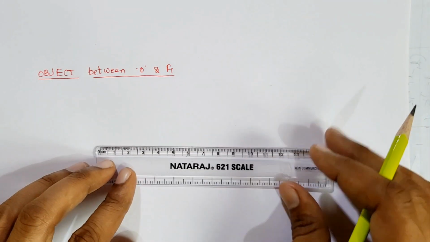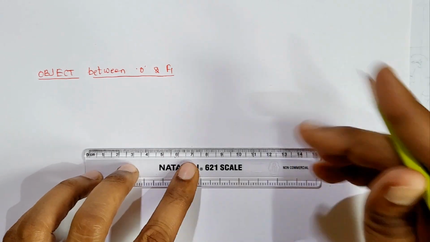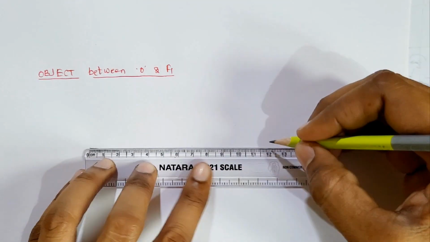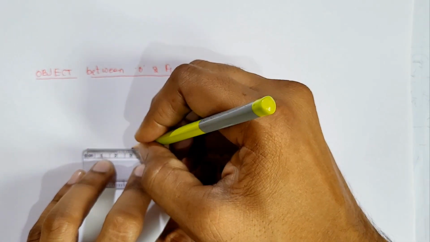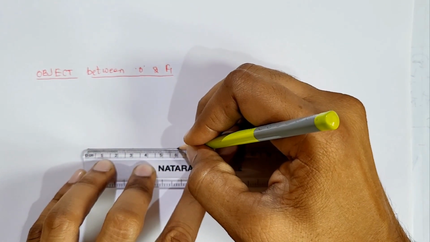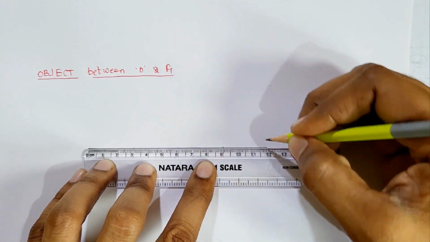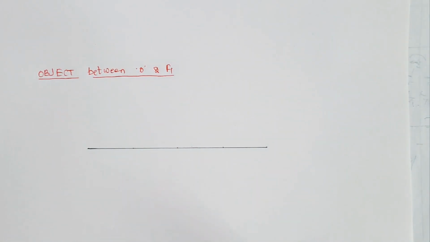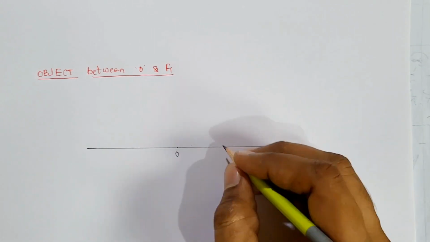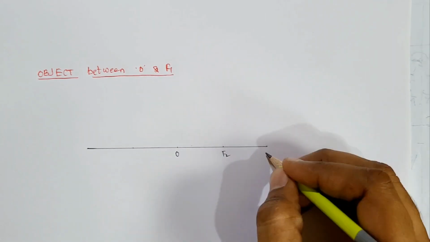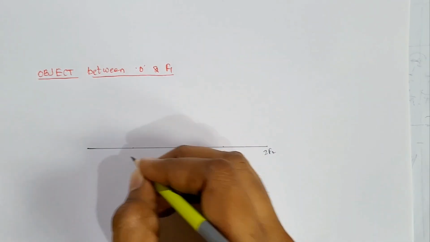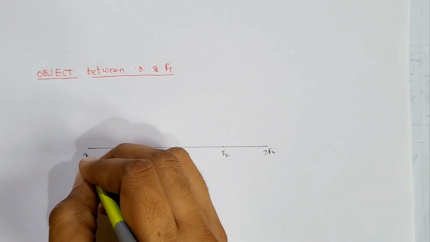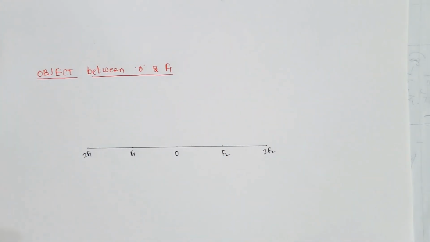First let us construct the ray diagram. Take a straight line of 12 centimeters. Mark the points at 0 centimeters, 3 centimeters, 6 centimeters, 9 centimeters and 12 centimeters. This is the optical center, this is F2, and this is 2F2. This one will be F1 and this one will be 2F1.